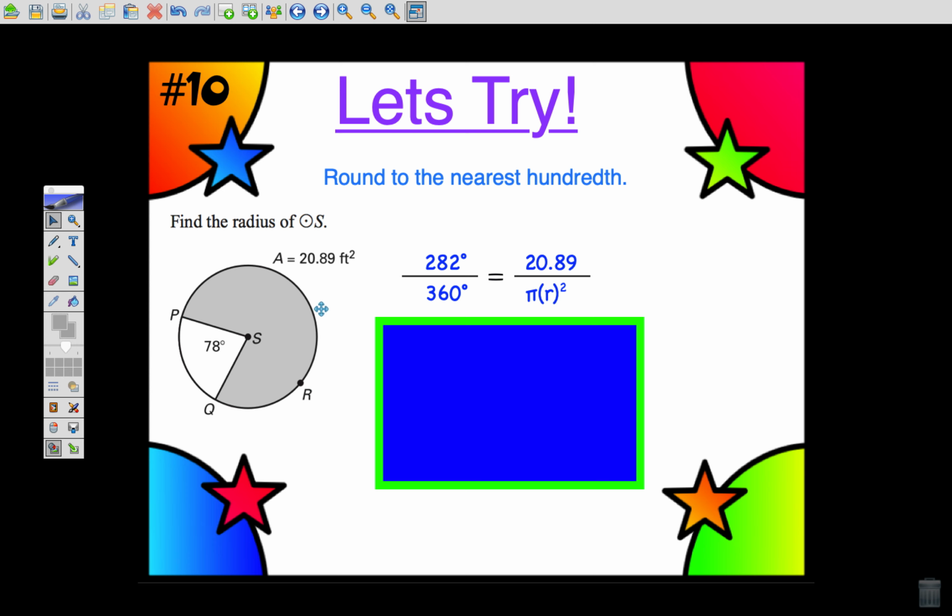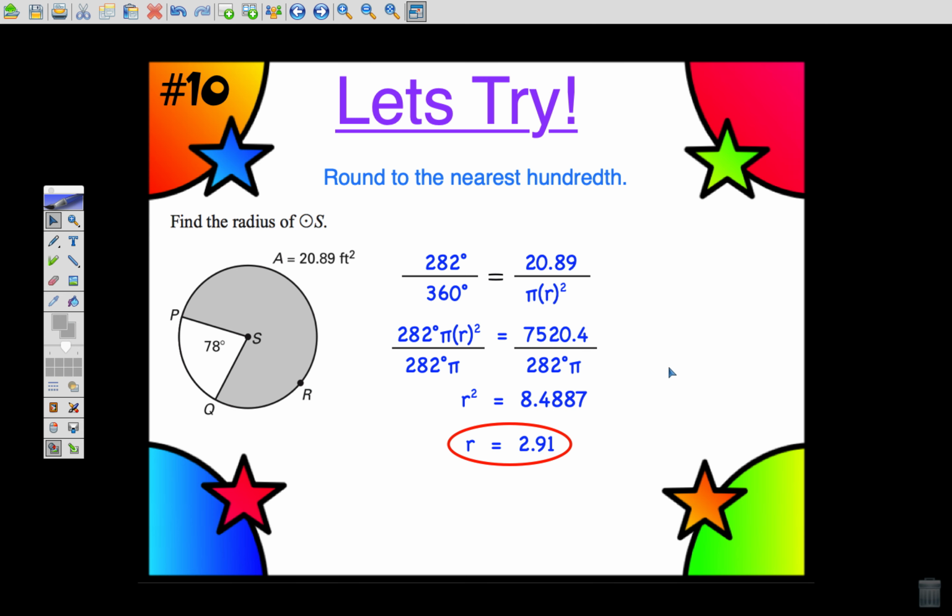Technically, it's really the measure of this arc, and that's why it's greater than 180. So 360 minus 78 is where I'm getting 282. And since the ultimate answer is the radius of the circle, I replaced the area of a circle with the whole formula. Do all the math.